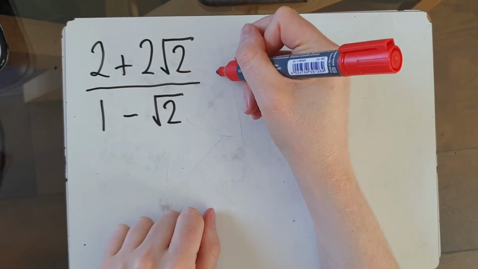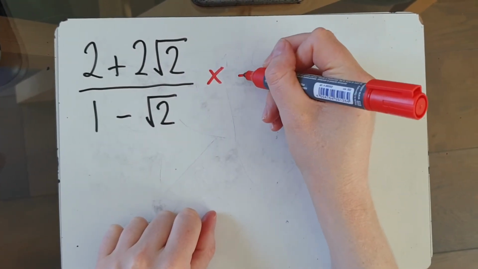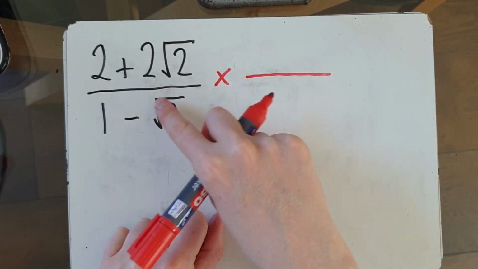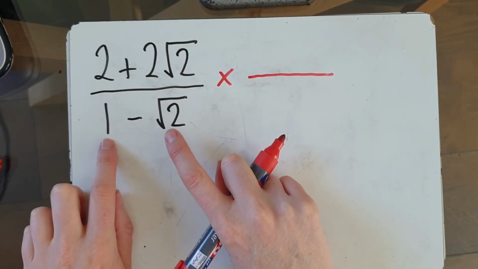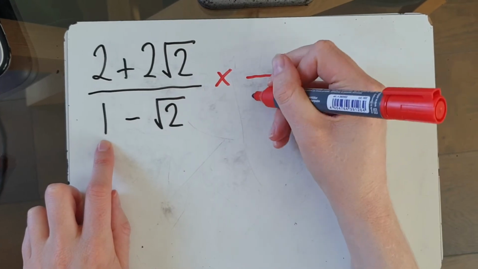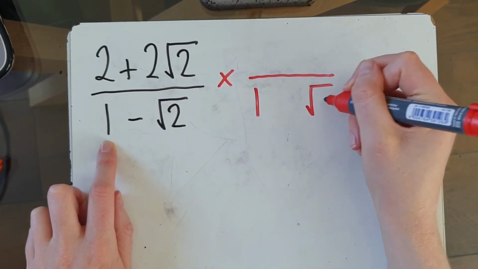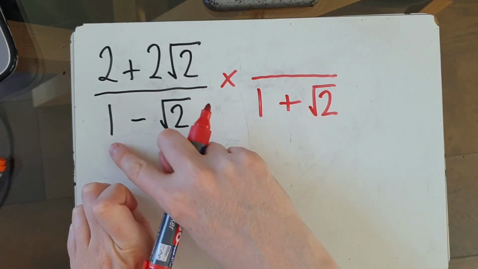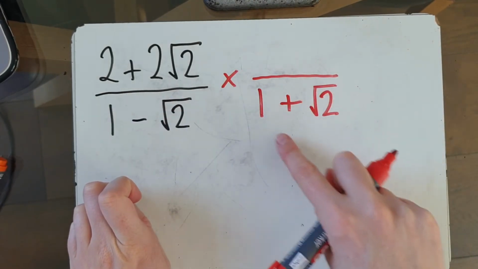When we do this sort of calculation, the fraction that we're going to multiply by to rationalise this will always have the same 2 terms, so 1 and root 2, but we change the sign. So we're going to multiply this by this.